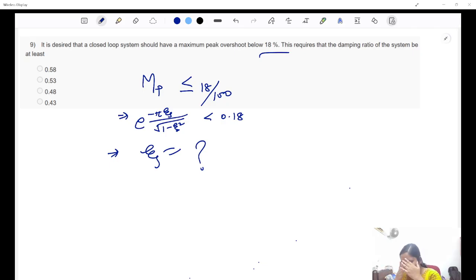One of them is you take log on both the sides and then solve by squaring and so on. The other is you divide into logs of multiple, but that would be a difficult approach. No, I would not suggest that. You just take the logs on both the sides and then try to find the value of zeta. You would get a kind of quadratic equation at the end.